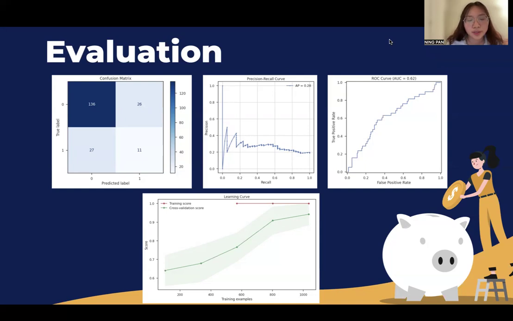The learning curve indicates potential overfitting as training score is nearly perfect, while the cross-validation score is low. However, the validation performance remains high. The ROC curve suggests moderate discrimination ability, and the precision recall curve highlights challenges in handling imbalanced data.